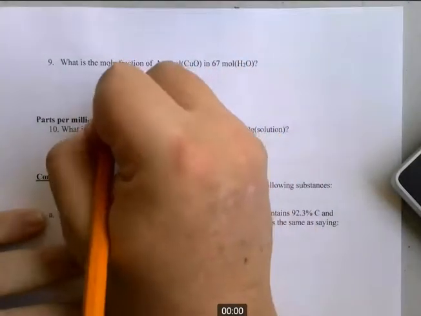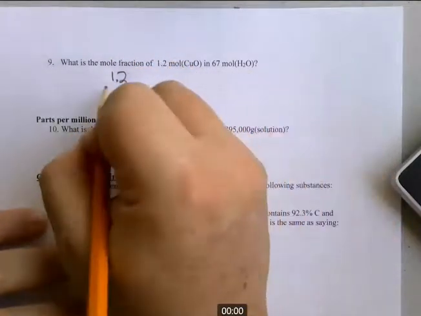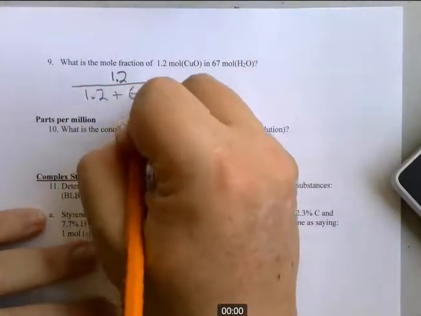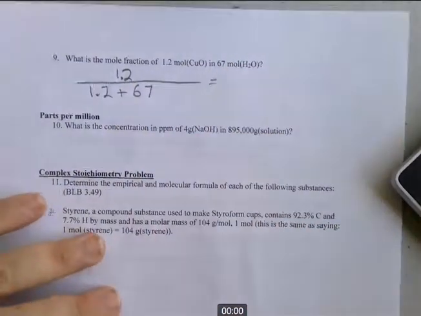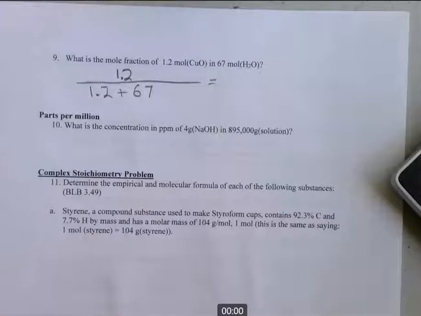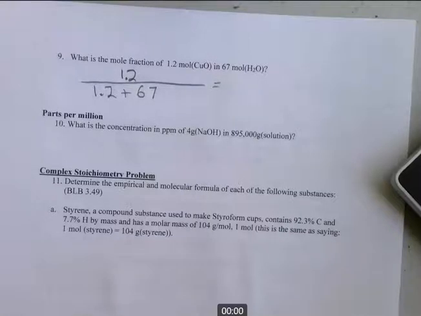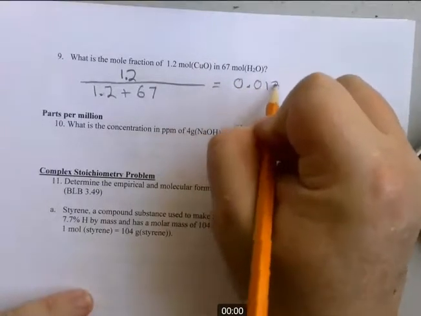So it's simply going to be, I'll do this quickly, 1.2 of that over the entire thing. 1.2 plus 67, and if you add all that up, you get 0.018, and you just leave it like that.